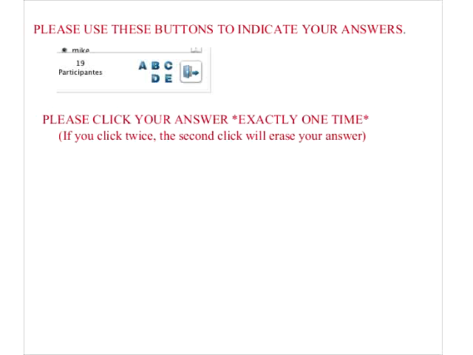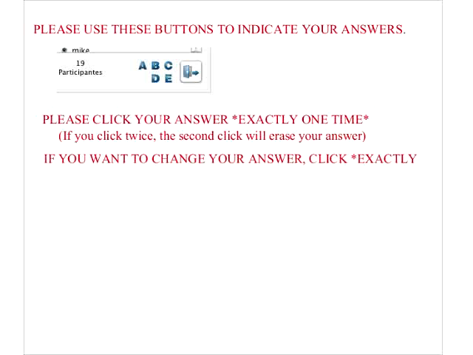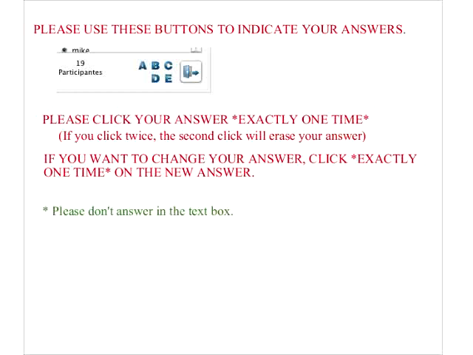If you want to change your answer, then please click exactly one time on the new answer. Again, if you click 2 or 4 or 6 or 8 times, then you will have nothing on your screen. So please click a single time. Also, please don't answer in the text box, because then everybody will see it and people will be influenced by other people's answers. And I think that about covers it.